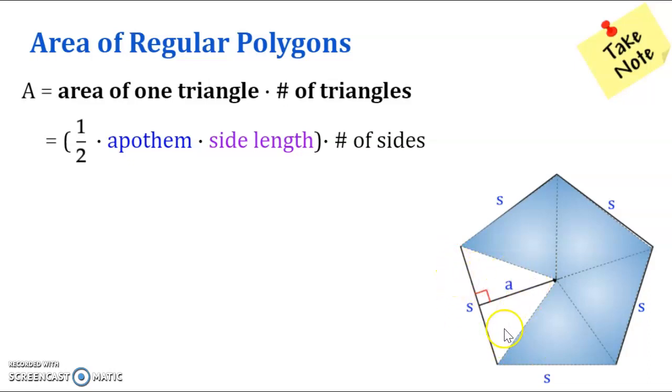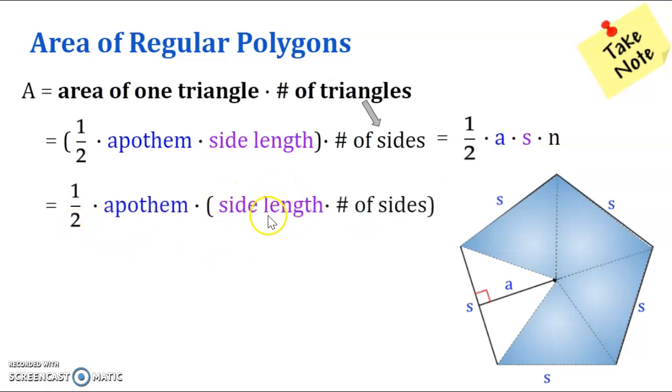And then you need to multiply that area by the number of triangles, which is the same as the number of sides. So that becomes half times A times S for side length times N. N is the number of sides.